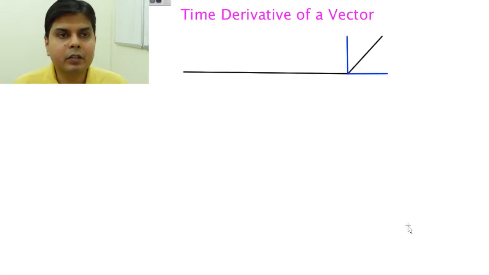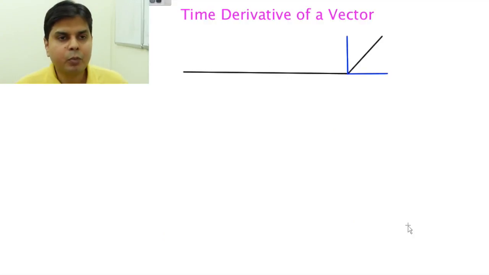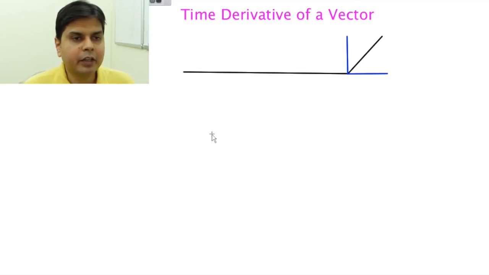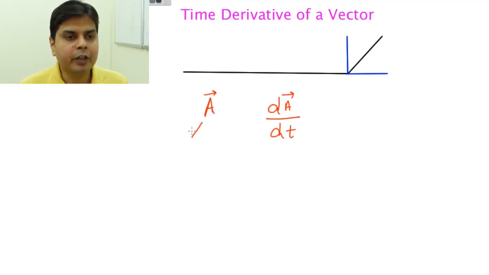Before that, let's discuss the concept of the time derivative of a vector. Suppose you have been given a vector, say A, and you have to find the derivative of this vector, dA by dt. Now see, a vector has two things: it has magnitude, and it has direction.